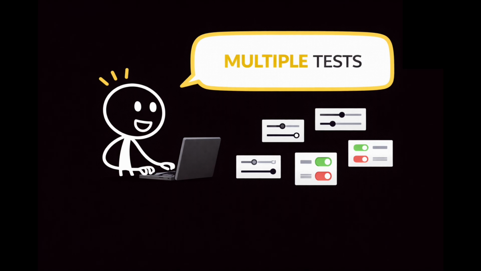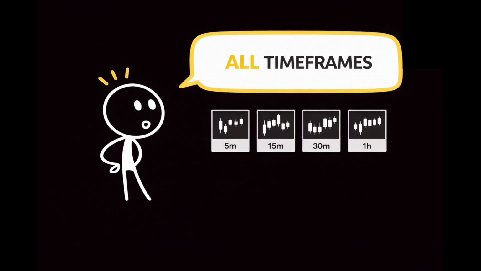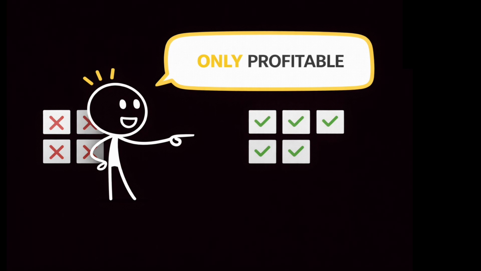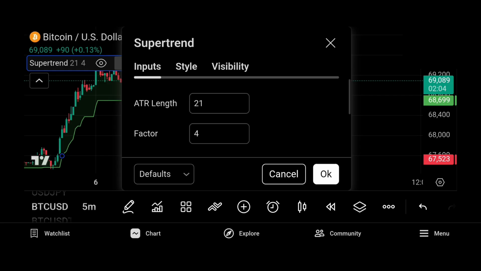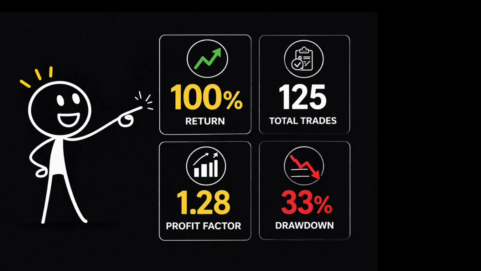I tested multiple Supertrend combinations across different time frames, but here, I'm only showing you setups that gave positive returns, so you clearly understand what actually works. Starting with the 5-minute time frame, using ATR 21, factor 4, the strategy gave around 100% return. Total trades, 125.